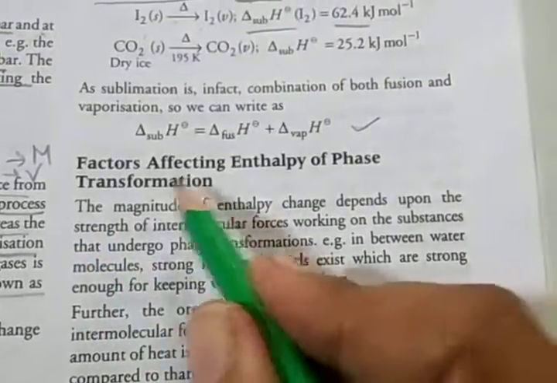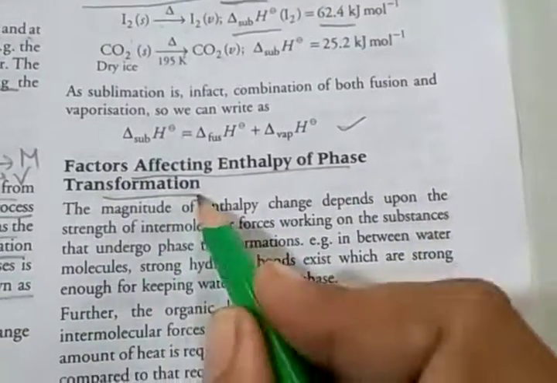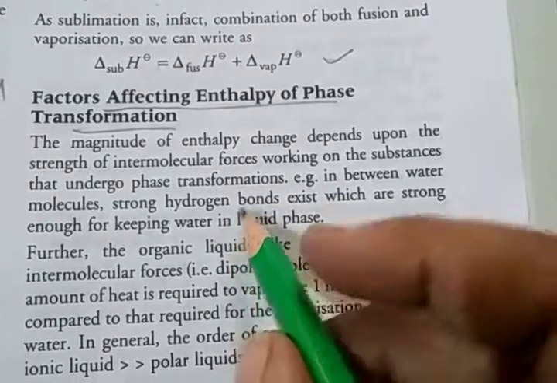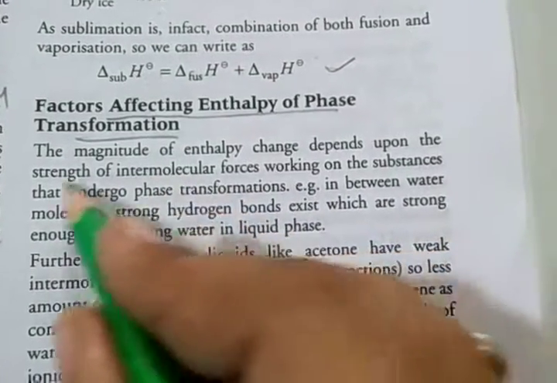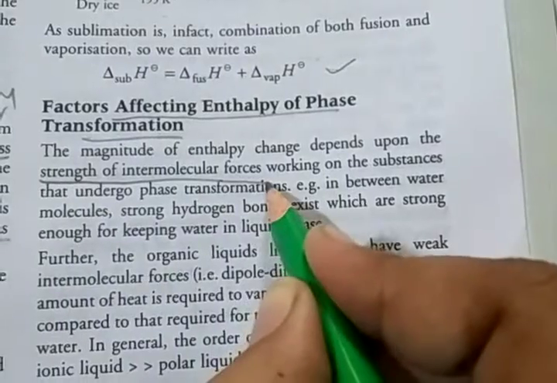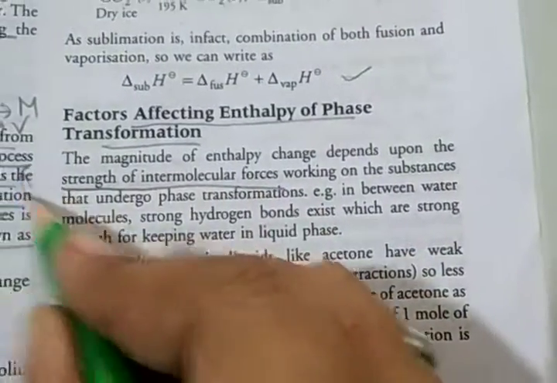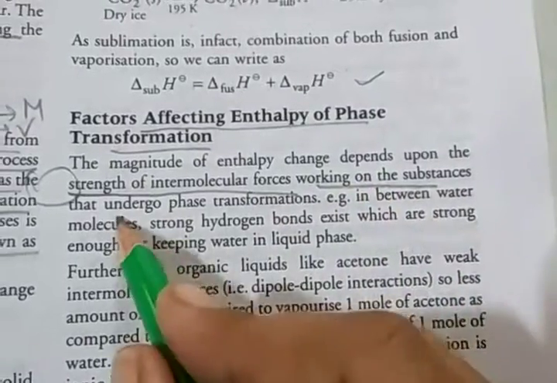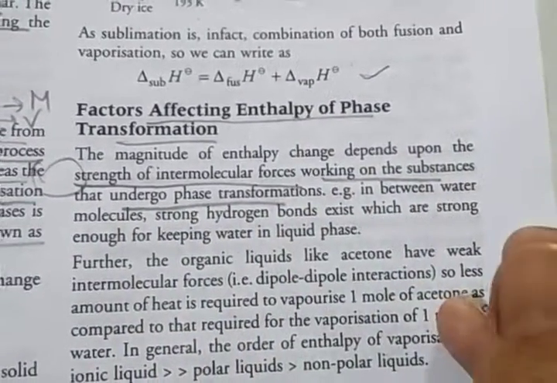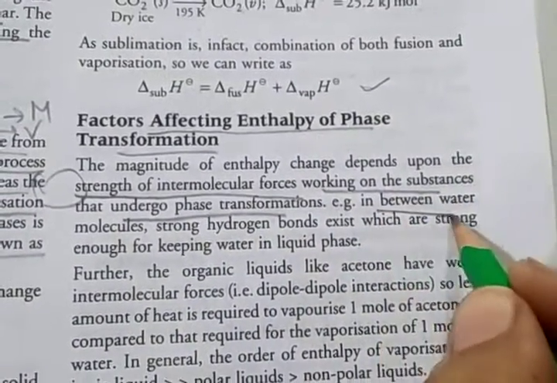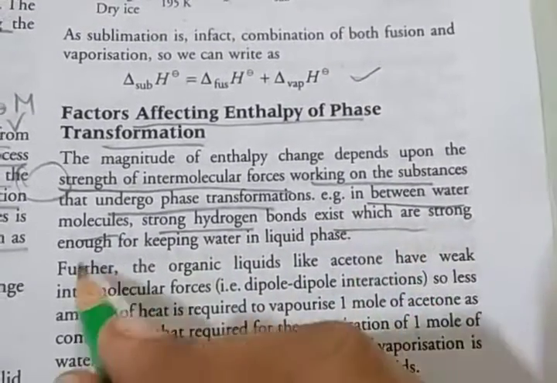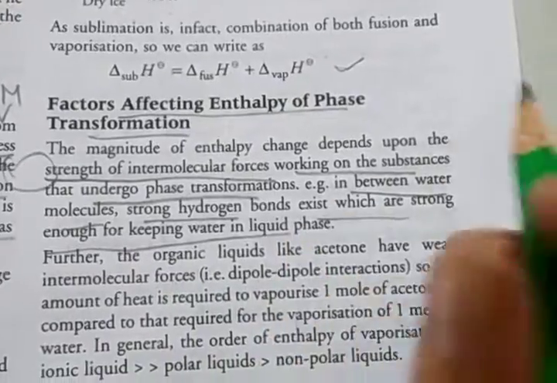Clear? Then factors affecting enthalpy of phase transformation. It depends upon the strength of the intermolecular forces. The first factor is the strength of the intermolecular forces acting on the substance that undergoes phase transformation. For example, between water molecules there is strong hydrogen bonding, strong enough to keep water in the liquid phase.